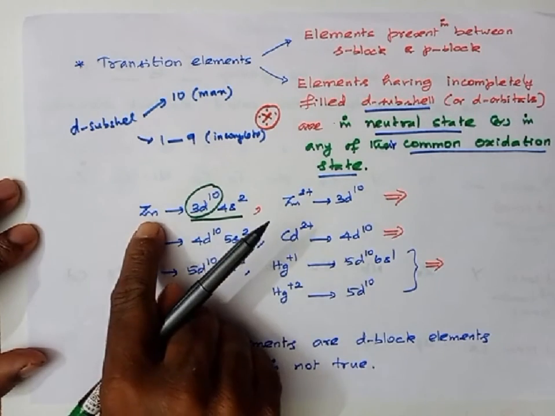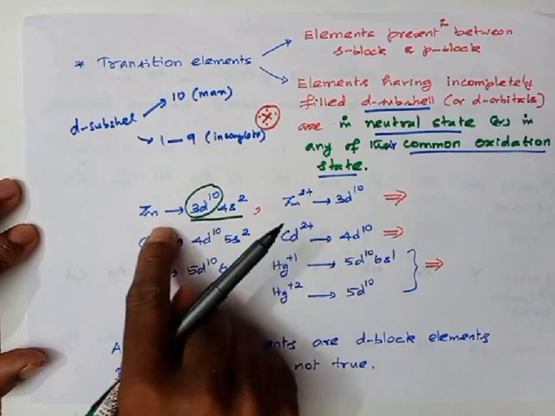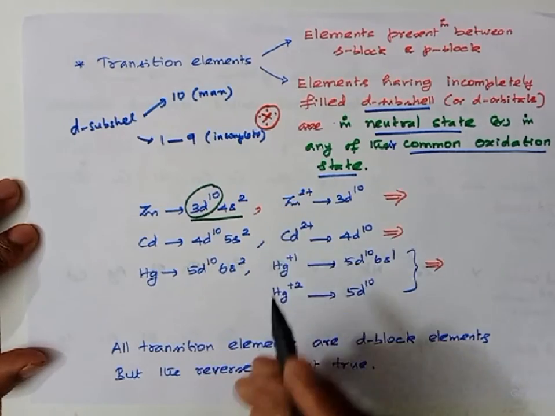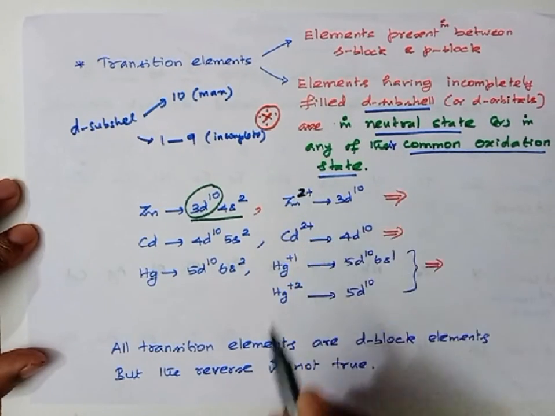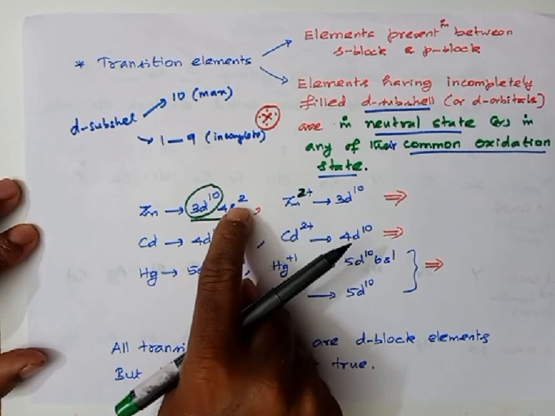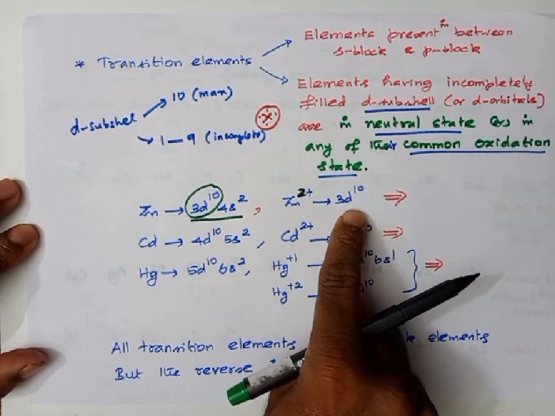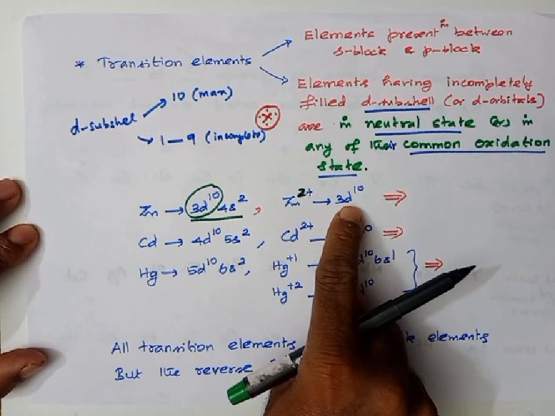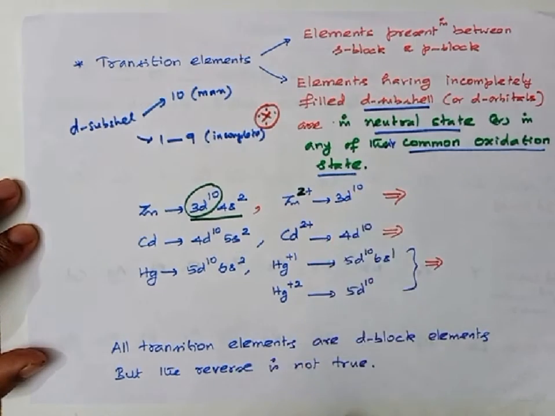Now take the common oxidation state of zinc. The common oxidation state of zinc is Zn2+. Zn2+ means you should remove 2 electrons from s. So if you remove electrons here, the 3d remains, and again the 3d subshell is fully filled.